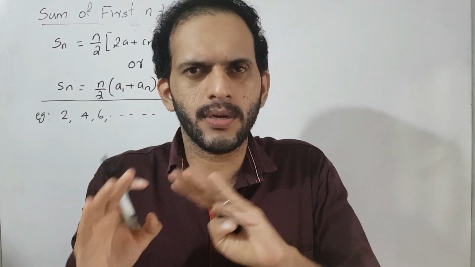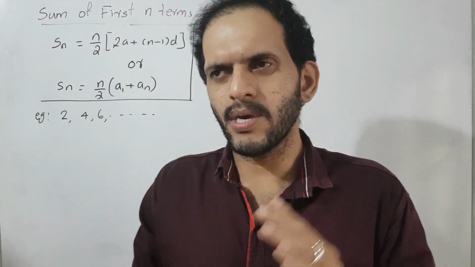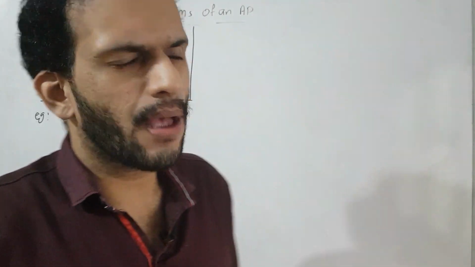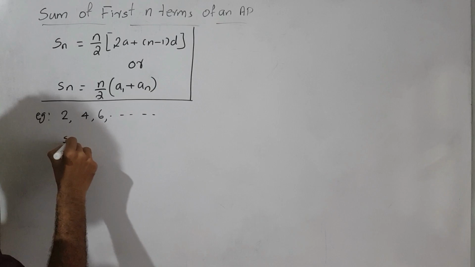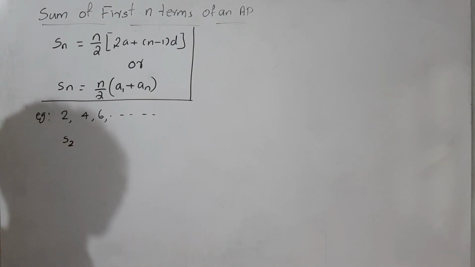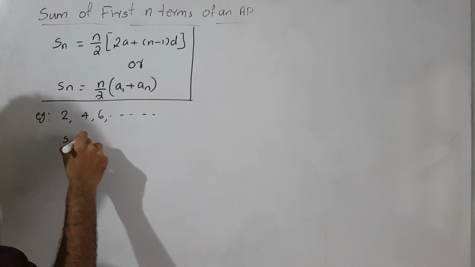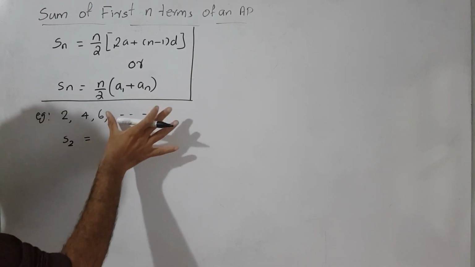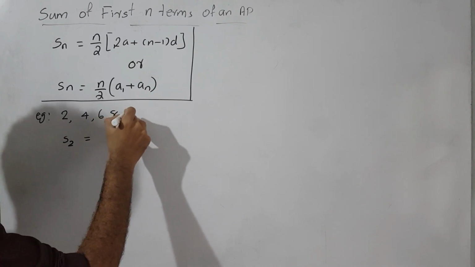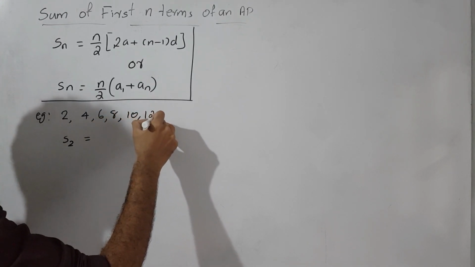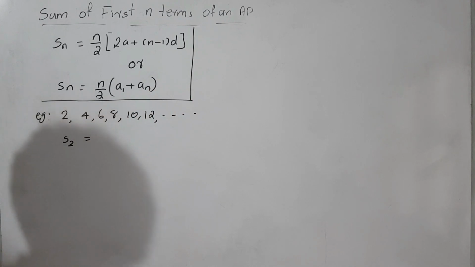So here we are finding the sum of terms. The sum of two terms is S2. What is S2? S2 is the sum of the first two terms, then adding more terms: 6, 8, 10, 12, etc.